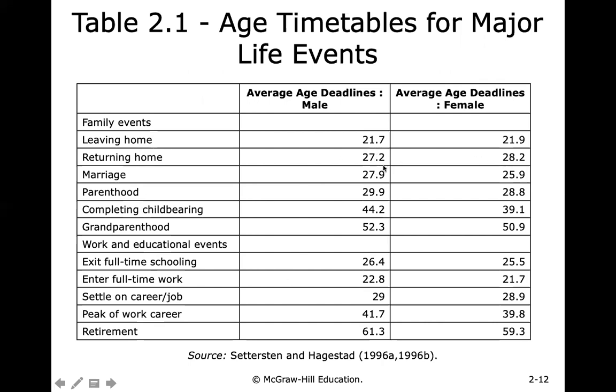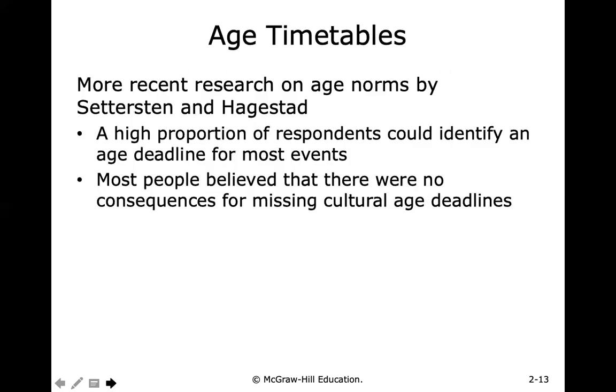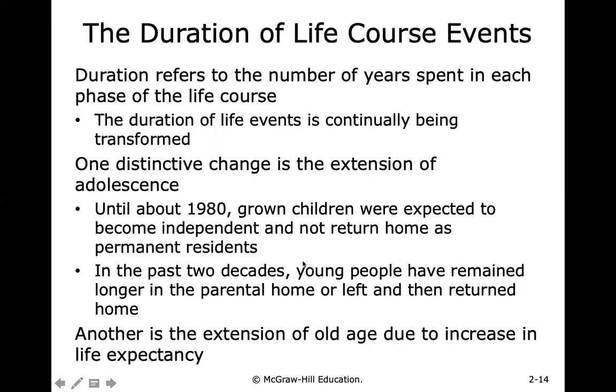So this is just within the past couple of decades. This is not something that would have occurred back in the 1980s and prior to that. So these boomerang individuals are setting new life course events.